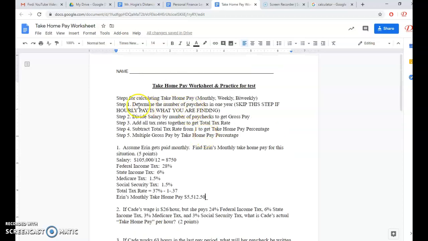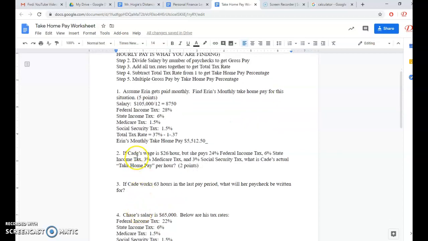You basically just skip this first step, right? So the second step says to divide the salary by the number of paychecks, or basically your hourly wage in this scenario instead of salary, okay? So Kate's wage is $26 an hour, but she pays 24% in federal income tax, 6% in state income tax, 3% Medicare, and 3% Social Security.